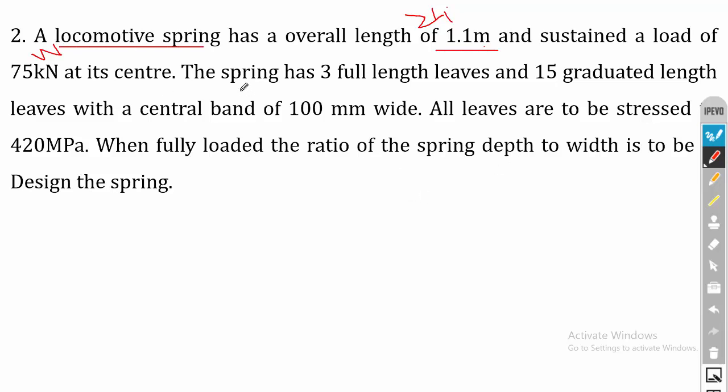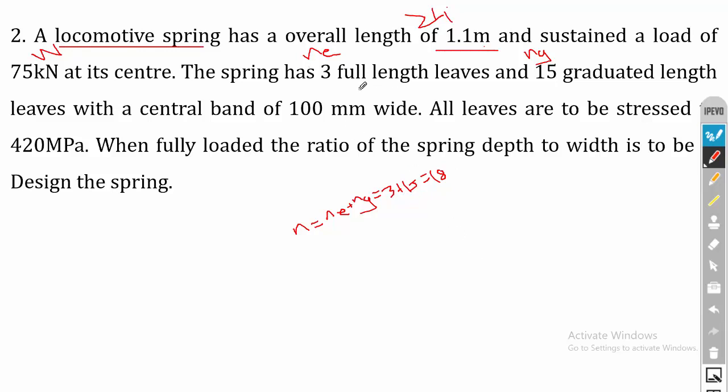The spring has 3 full length leaves, so NF is 3, and 15 graduated length leaves, NG is 15. So N is equal to NF plus NG, that is 3 plus 15, equal to 18. So totally 18 leaves are there.